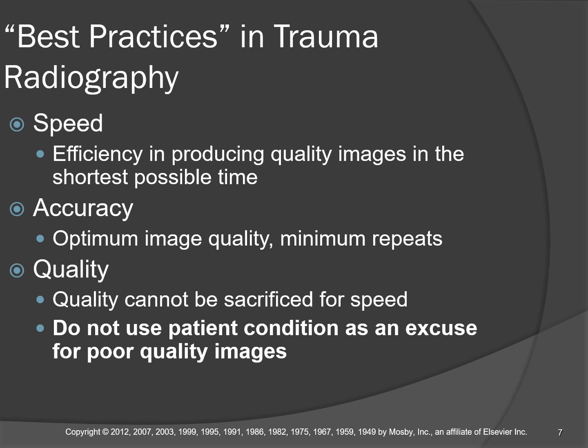Regarding accuracy, optimal image quality is still a standard. Minimum number of repeats is still a standard. So we just can't slap and shoot. We have to consider tube angle, image receptor angle, and fixation of the body part.